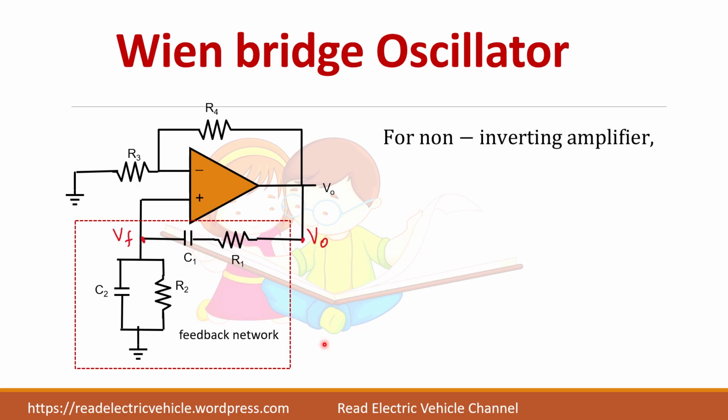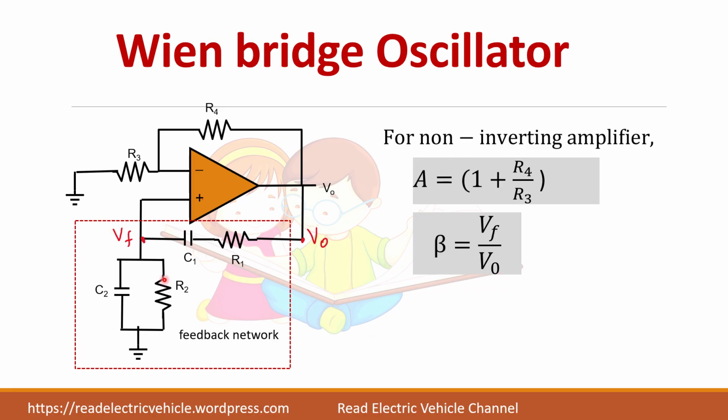So this is the feedback network for a non-inverting amplifier. The gain is 1 plus R4 by R3. And for the feedback network beta, the output is VF, the input is V0. So beta is VF by V0. Now we have to find what the VF and V0 relation is.